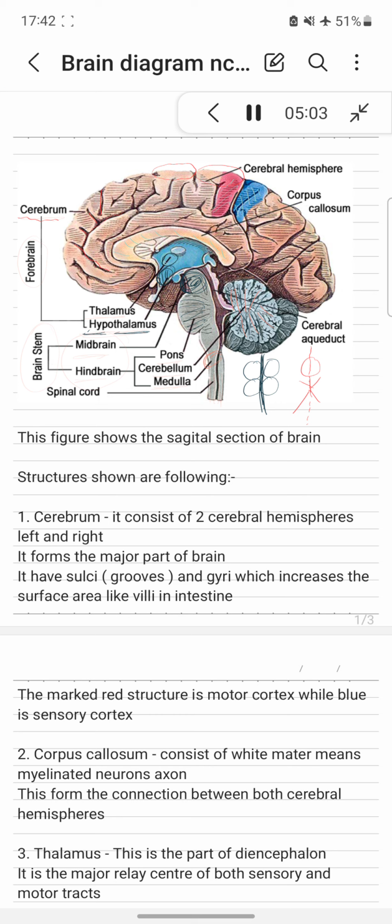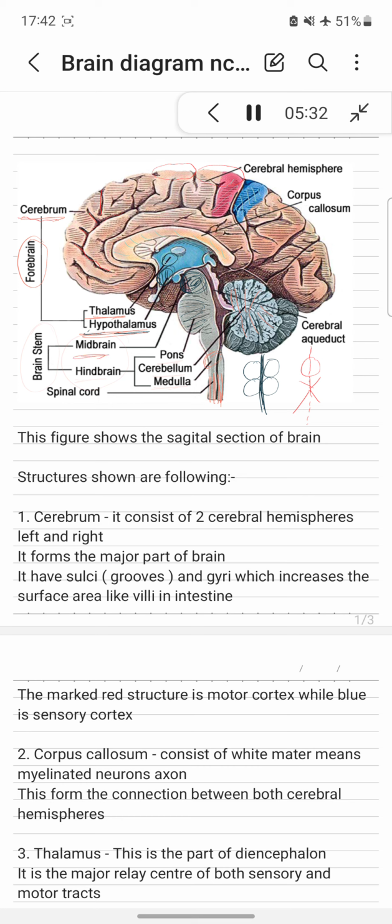Next structure is the spinal cord. It is the extension of the medulla oblongata. Spinal cord is part of the central nervous system and it controls the voluntary movements of our body. Now, some terms shown in the diagram: forebrain consists of cerebrum, thalamus and hypothalamus.